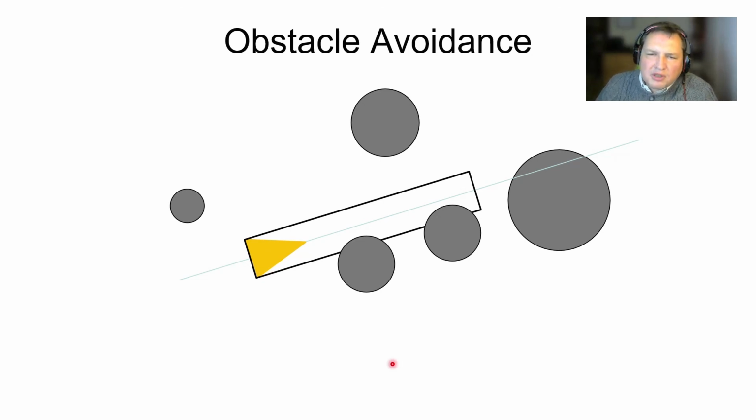Now, for each obstacle, we will find its distance from the motion axis, shown red, and the position along the motion axis, shown blue. Now, we will discard every obstacle which, first of all, is behind the agent. So, for example, this one. It will have a negative position along the motion axis.